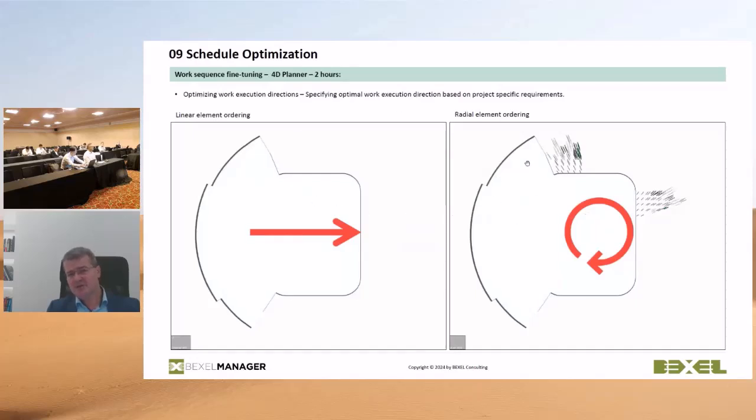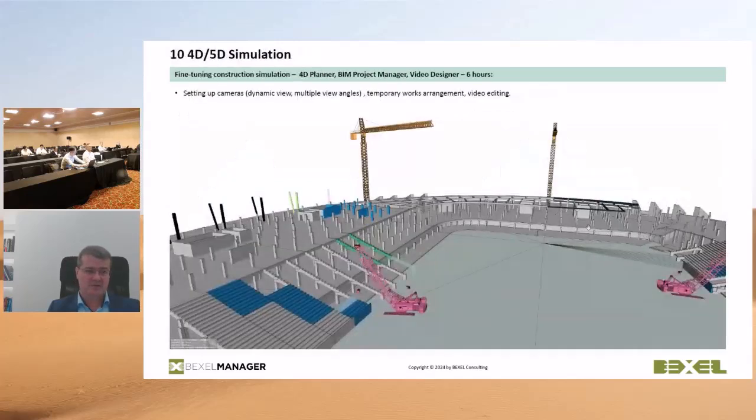You can also adjust how the work sequence will be executed, in that direction or that direction. This is important in this case for football stadiums, where radial ordering of the elements was used.